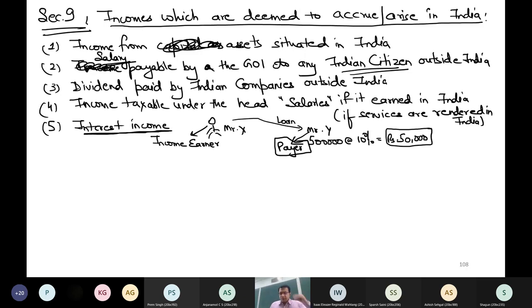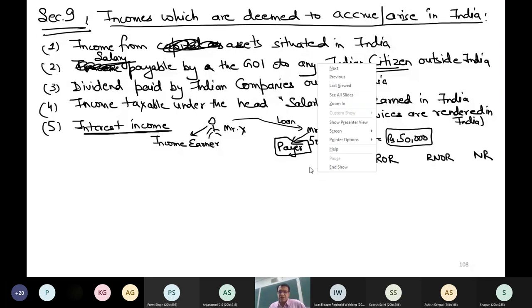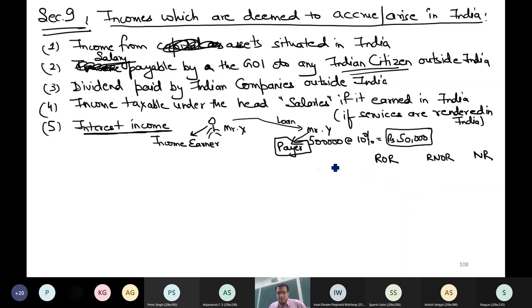Now, the technical point here is: who is earning the income? Mr. X. So whether Mr. X is ROR, RNOR, NR, it will not matter if the case is covered in section 9.